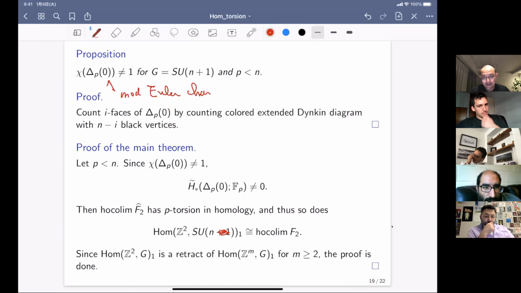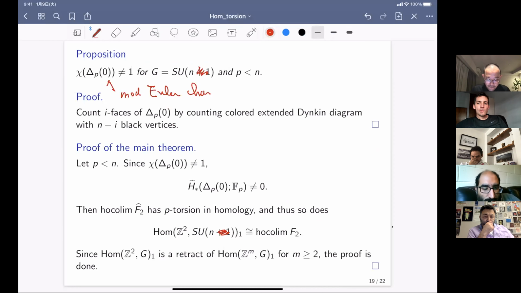If m is greater than or equal to 2, then we are done. So far, our technique, our proof, works perfectly for SU(n).